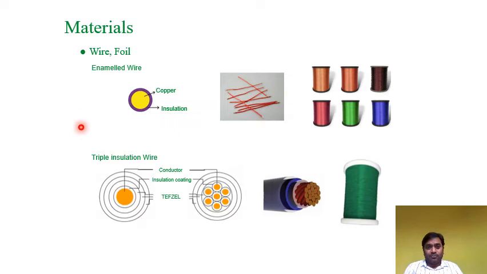The next very important class of wire is the triple insulation wire. This has triple insulation, and when we use this wire we do not need to use additional insulation while winding, but it is very costly, so we need to be very careful while selecting and optimizing our product design and cost, but it can be used wherever it is really necessary to achieve that kind of insulation.